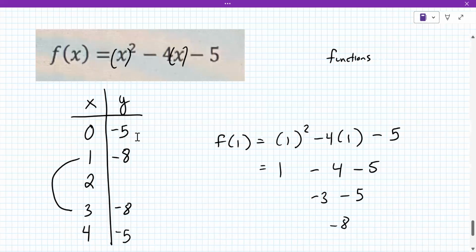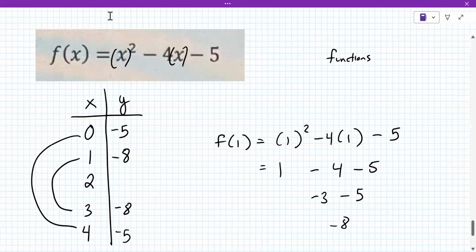The reason we do this is eventually you say, okay, I'm not going to keep doing the same calculation because I know it's going to be the same. I don't have to keep doing something that I already know the output. But at 2, the vertex, you don't know the output. You have to actually do that. You'd put 2 in for x.